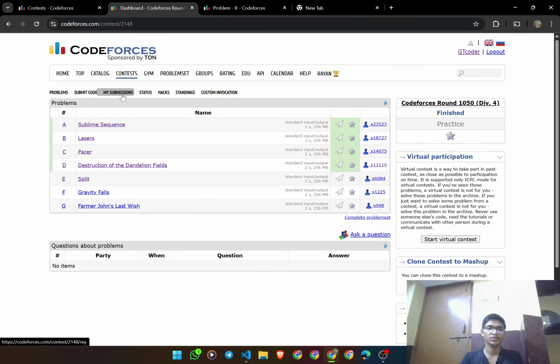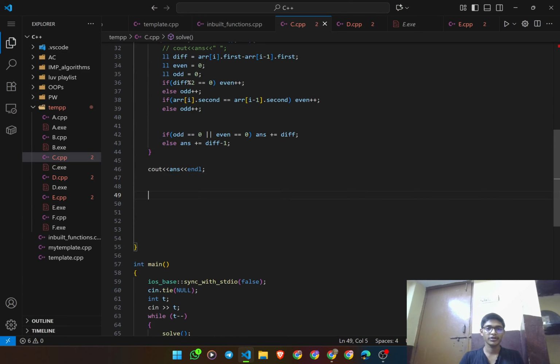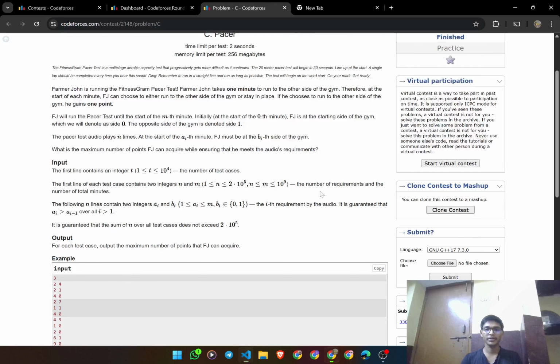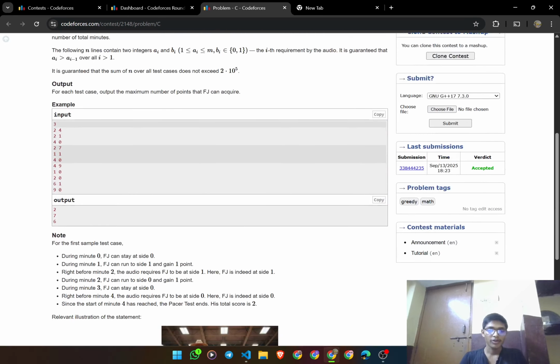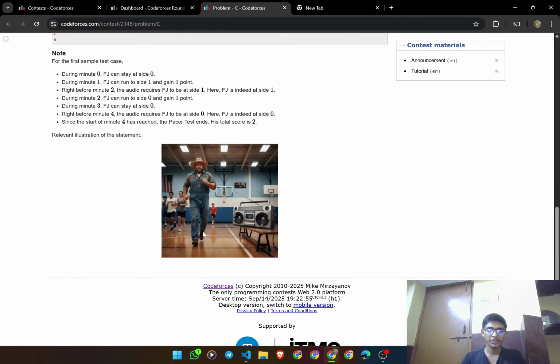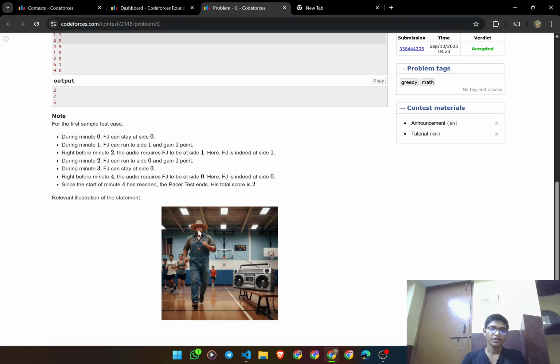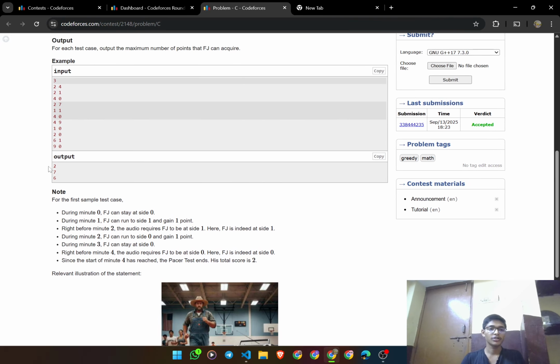So in this gym, you have a gym, and on the other side there is a speaker, and constraints are given that this farmer should be on one side.